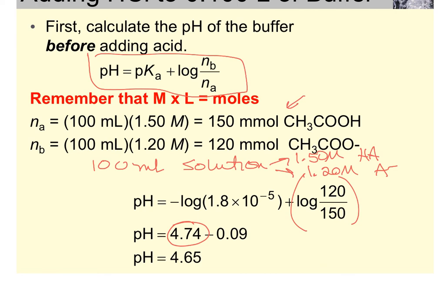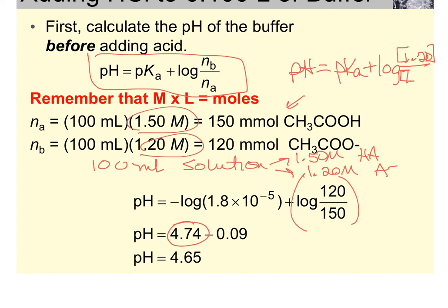Henderson-Hasselbalch can use concentrations, so we could have simply plugged in the concentration of the acetate, which was 1.20, divided by the concentration of the acetic acid, which is 1.50, and you get exactly the same answer. I just want you to be able to do both cases. All right, so the pH of the original buffer is 4.65.